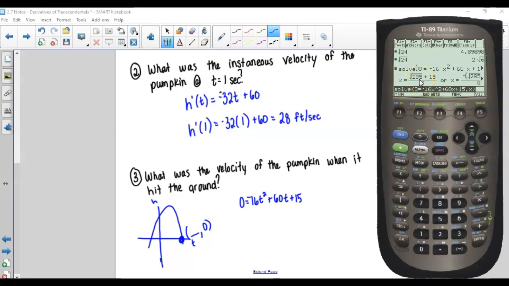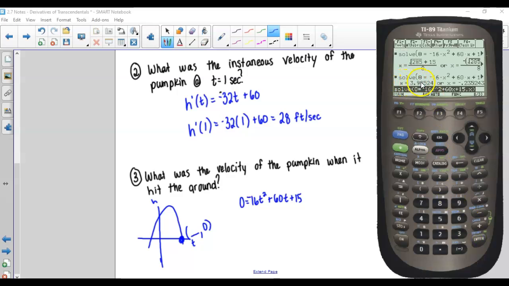See, I get these two answers, and oh, they are ugly. I could give it as the answer, but it's not going to help me all that much for what I'm wanting to know here. So remember, with these calculators, they simplify your radicals. You would like to have these in Math 3 and Pre-Cal, I'm sure. But if you hit the green button and then hit enter, it'll give you decimal approximations.